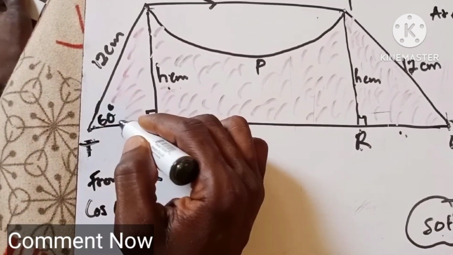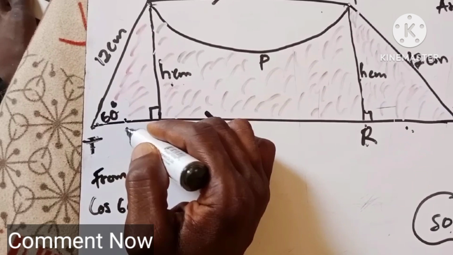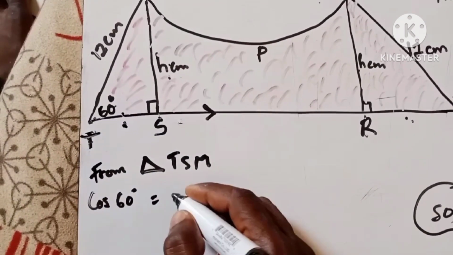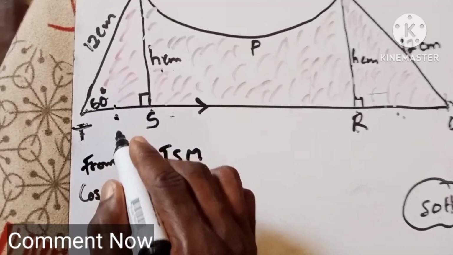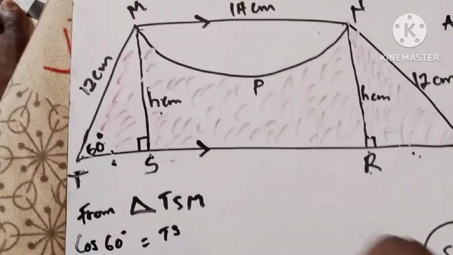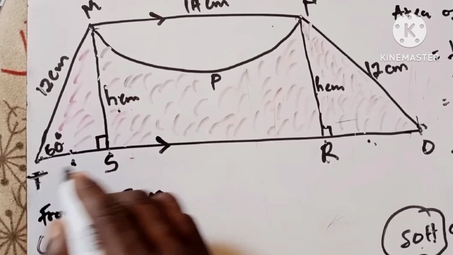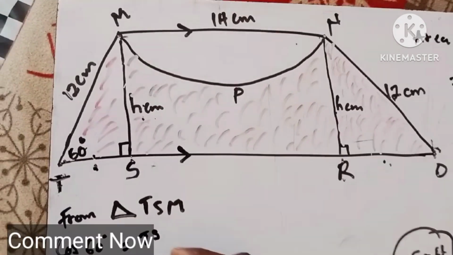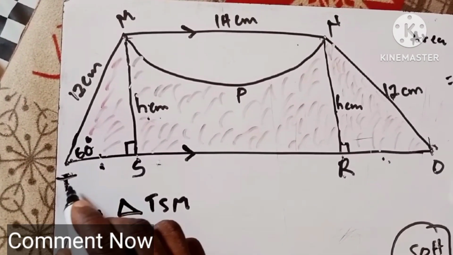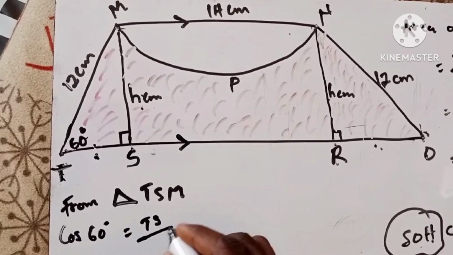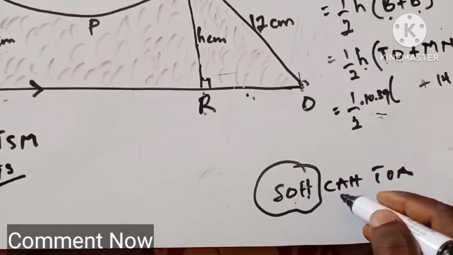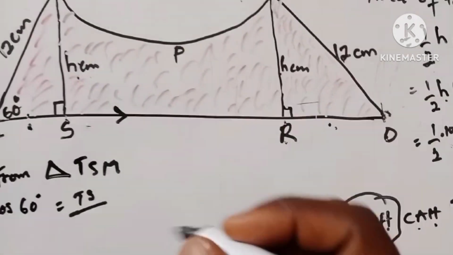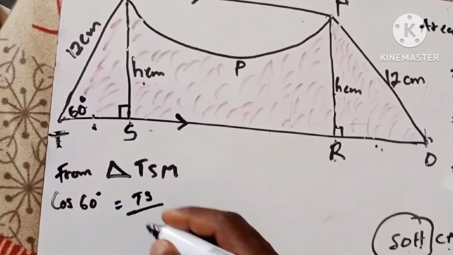Always, where you are, the side down here is going to be your adjacent. The side we don't know here is TS, or you may use letters to represent that, but I always advise you to use the letters available to you. So the letters available here are T to S, divided by the hypotenuse, which is 12.